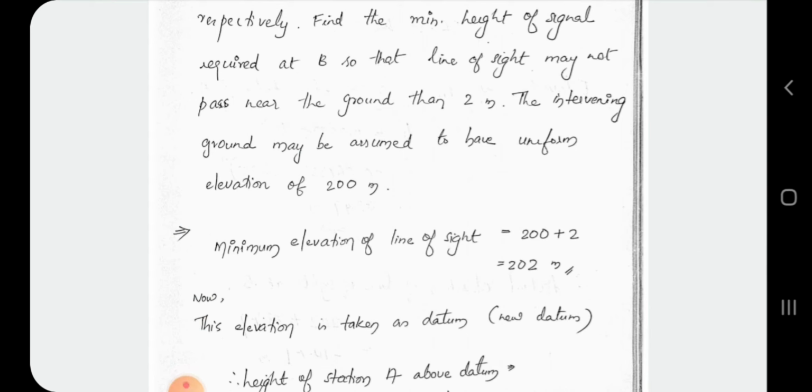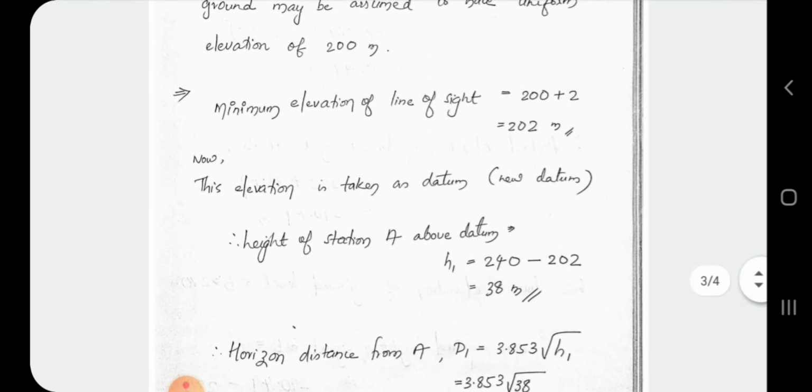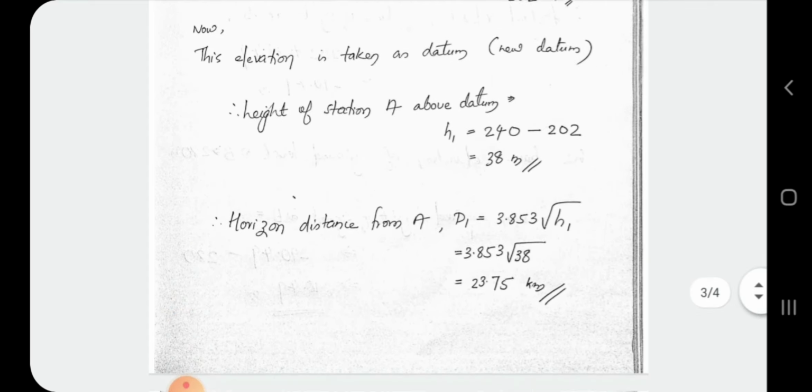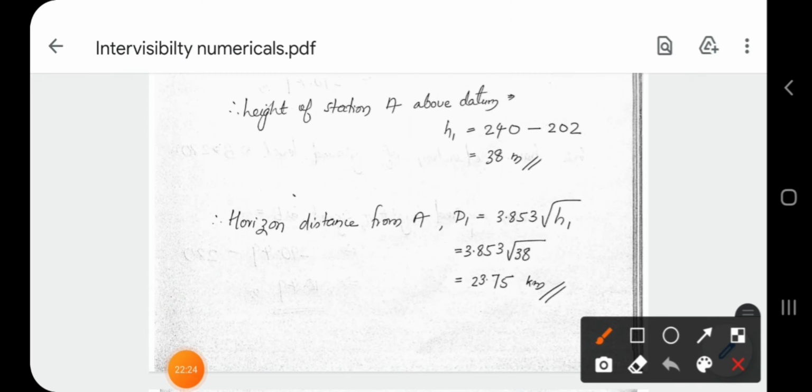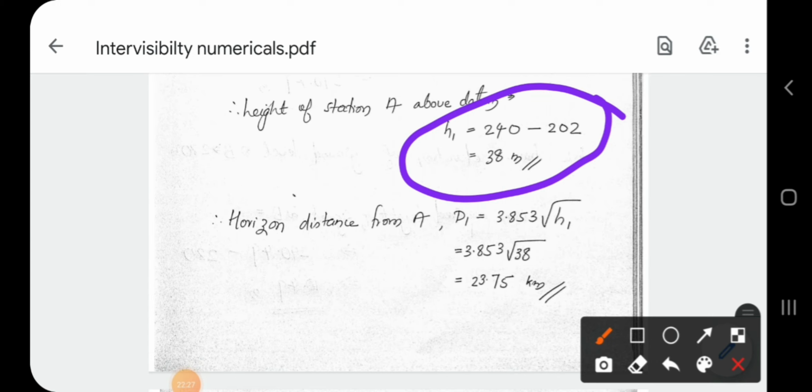But now we are taking 202 meters as the datum. So the height of station A above the new datum is 240 minus 202, that is 38 meters, the new height of station A.